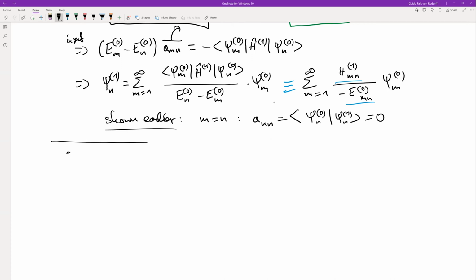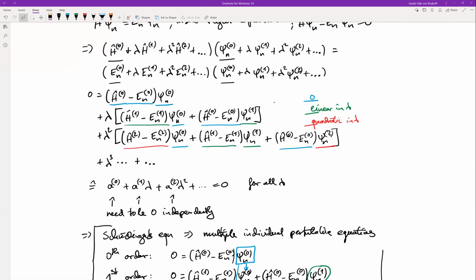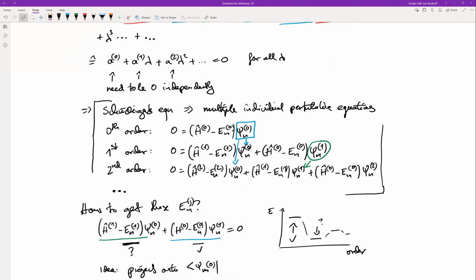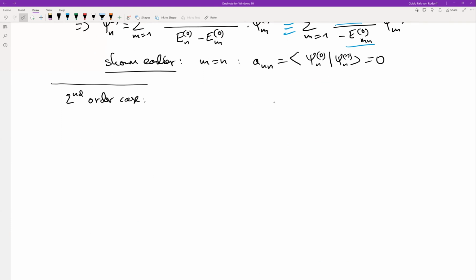So we say second order case. And remember, we had this thing earlier where we collect the terms based on their order in lambda. And that's again where we start off. So from the second order term, I will just copy it over so you see it clearly.